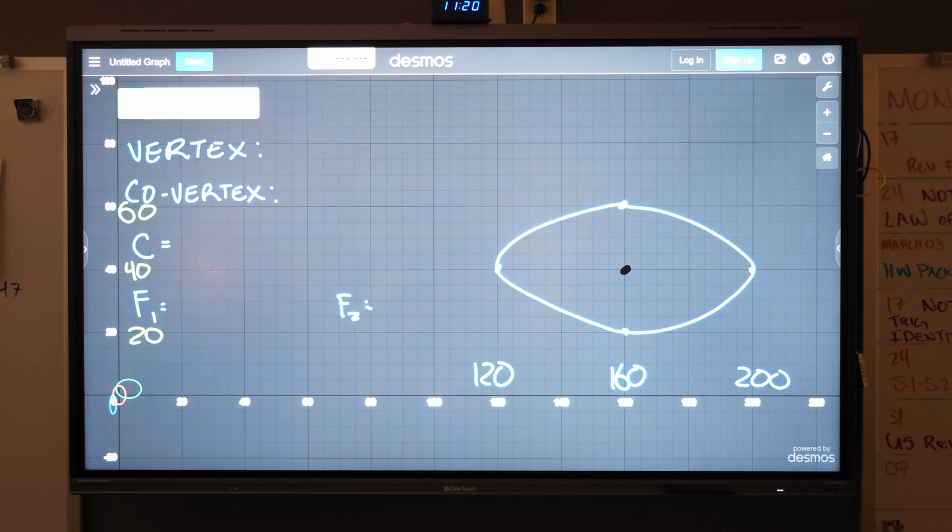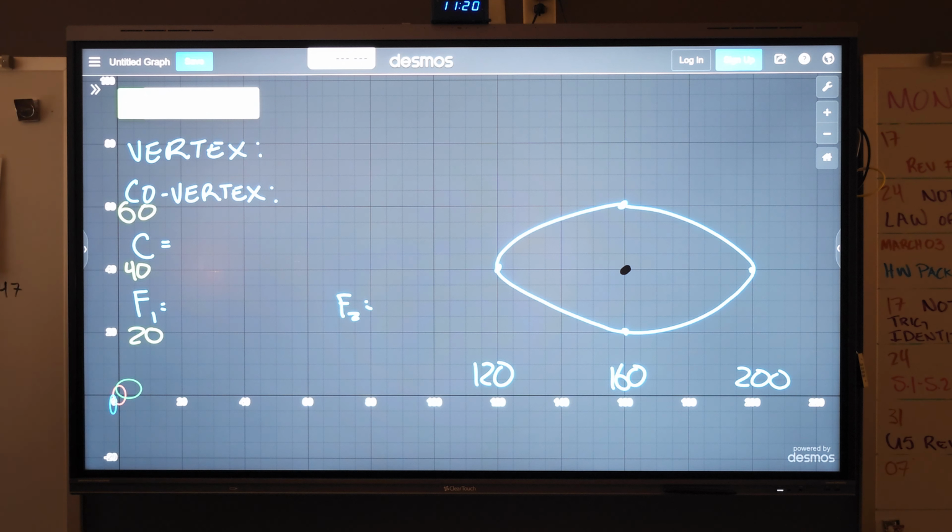So get the equation and answer as many parts as you can of this, but we're going to fill it out. This is the last one we'll do. This was the goal at the beginning of class.